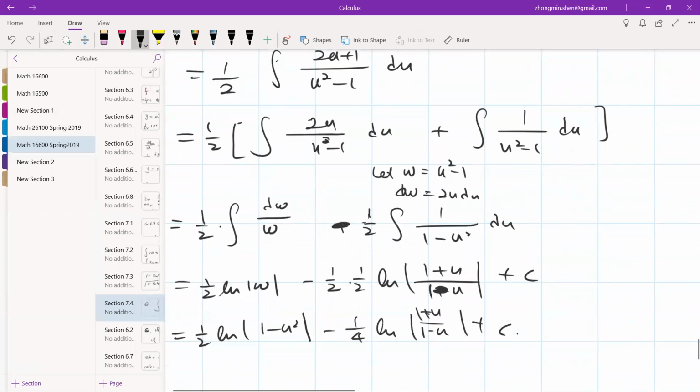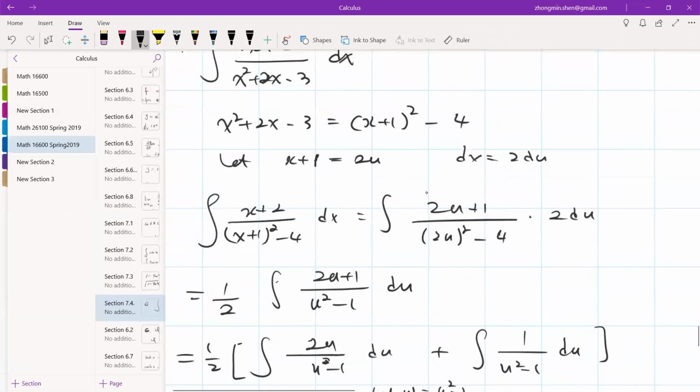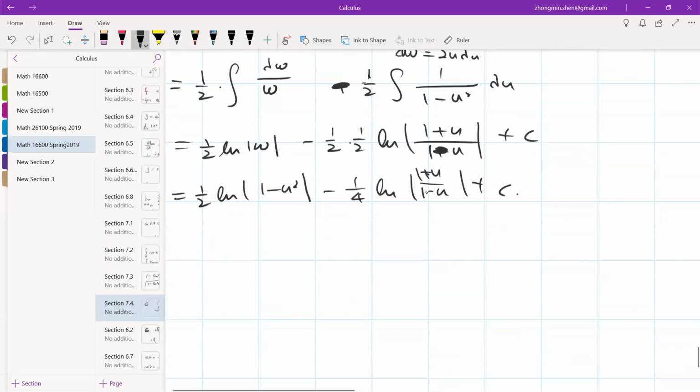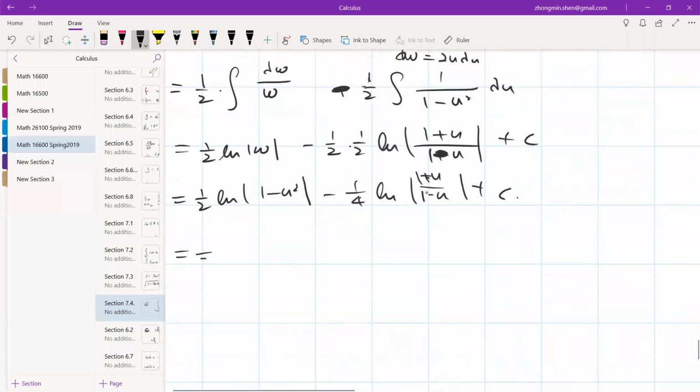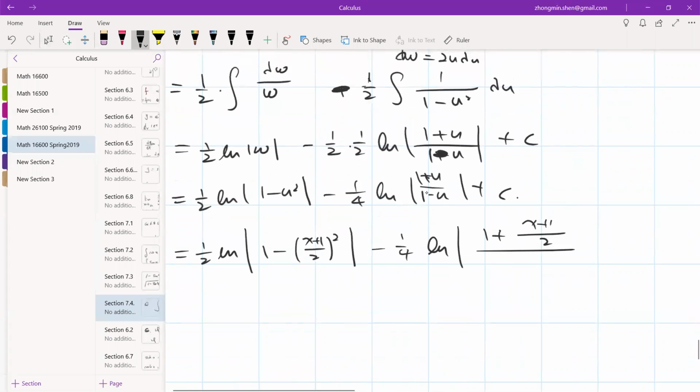Okay? We still have to go back to our substitution. U is going to be half of x plus 1. So I need to replace it. Okay? A quarter natural log 1 plus x plus 1 over 2, over 1 minus x plus 1 over 2.